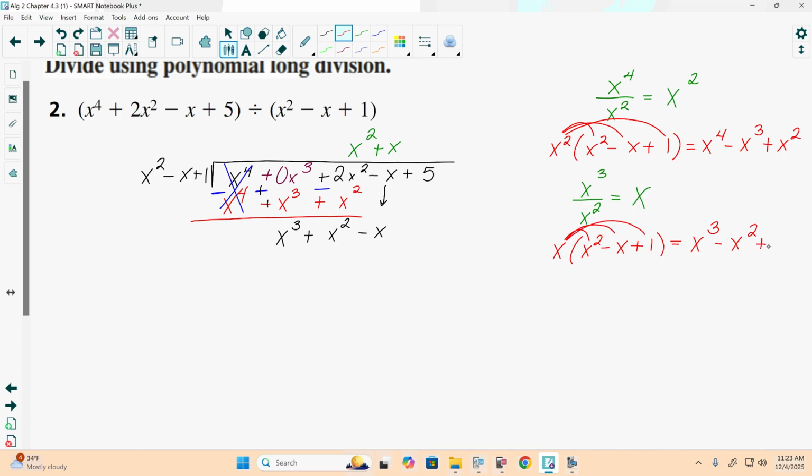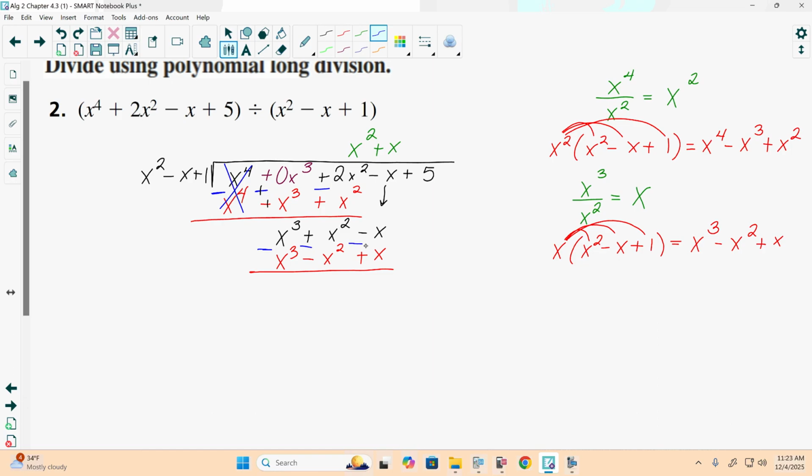And x times positive 1 is going to be plus x. So we'll put our x cubed minus x squared plus x under our x cubed plus x squared minus x. And then we're going to subtract.